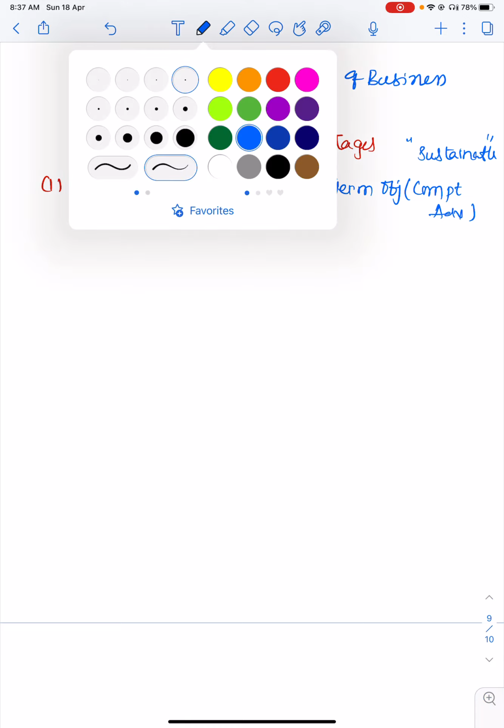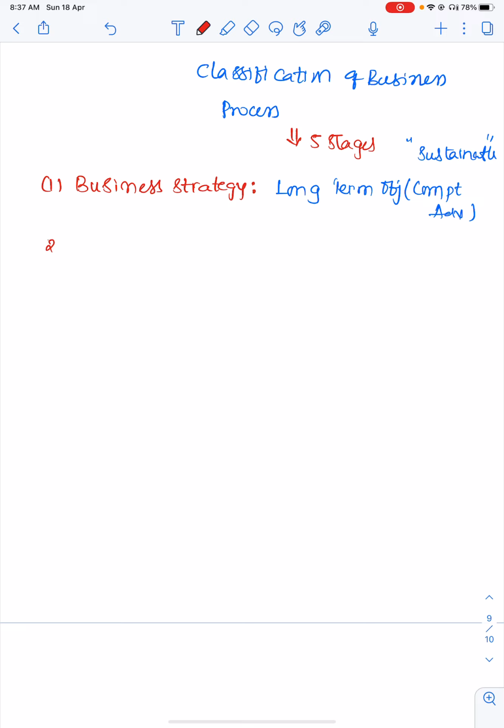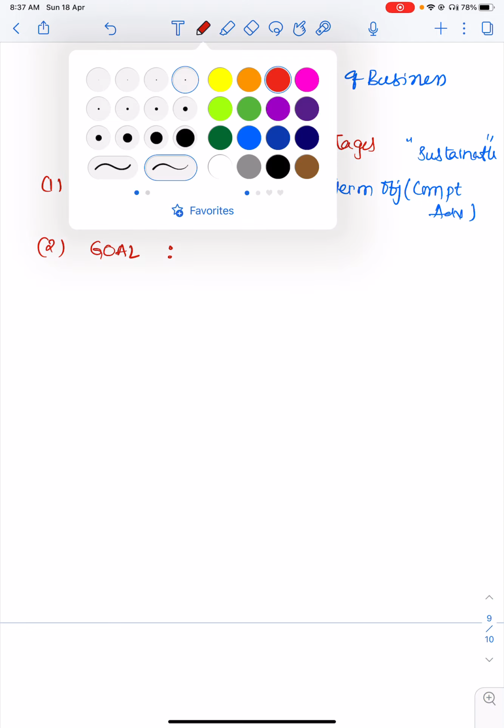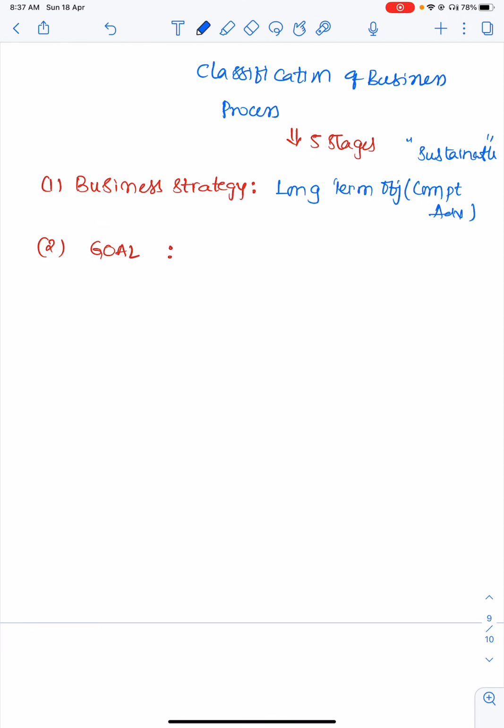So what is the second stage? Second stage is goals. Now what do we do? We take the business objective or business strategy, and we divide it into certain operational goals.